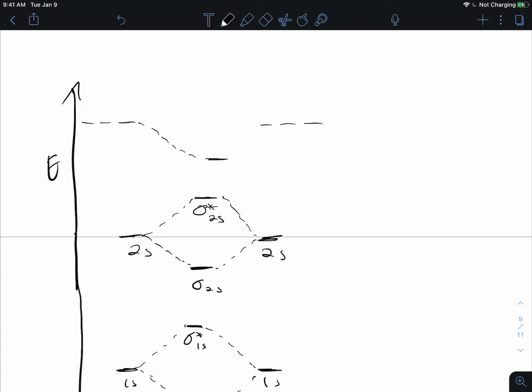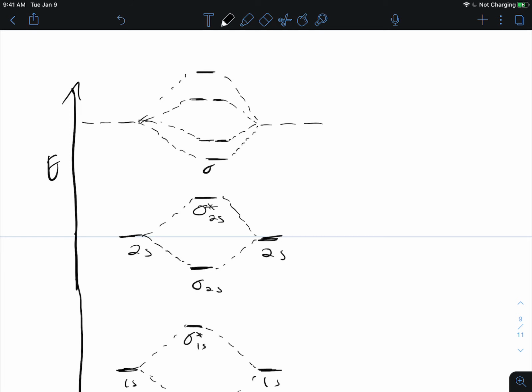I have one that is sigma, and then two that are pi, like so.